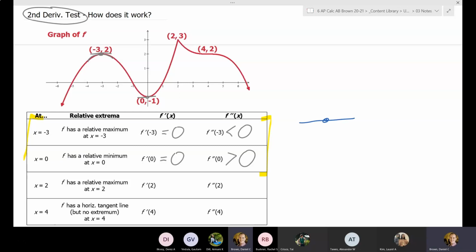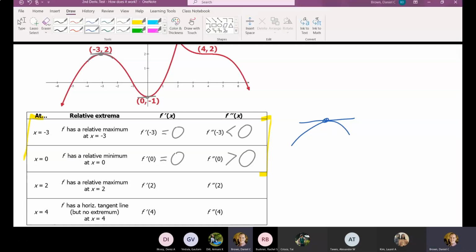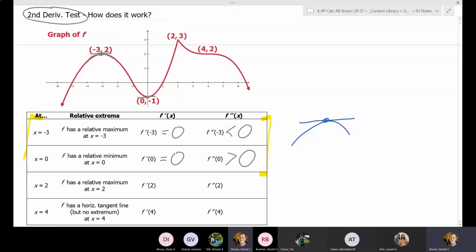If the graph is bending downwards, so it's concave down, you have a relative maximum. If the graph is bending upwards, so it's concave up, that point is going to be a relative minimum. So we can use the bend of the graph and the horizontal tangent to talk about it.